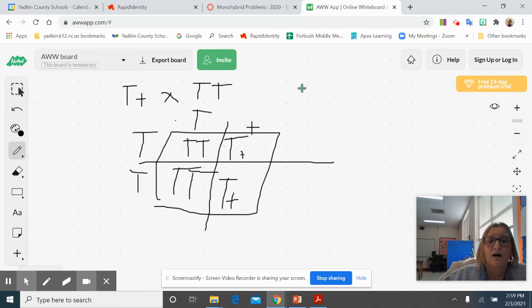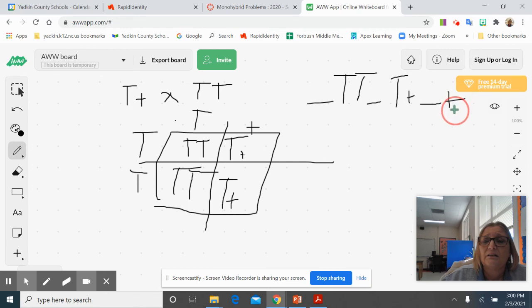So if we look at the bottom, we have a line with 2 dominants. I think I'm going to run out of space over here. We have a line with a dominant recessive. This is purebred homozygous. This is hybrid heterozygous. This would be purebred recessive. Okay, that's a T. That's 2 T's.